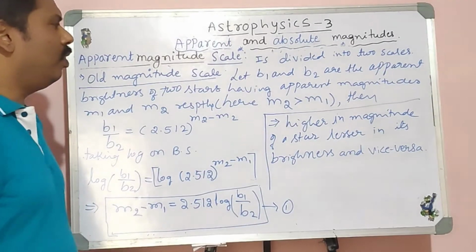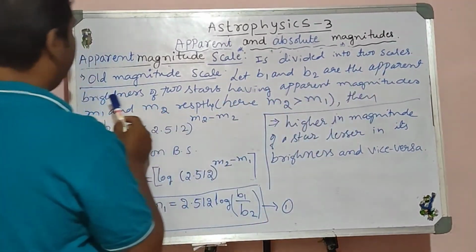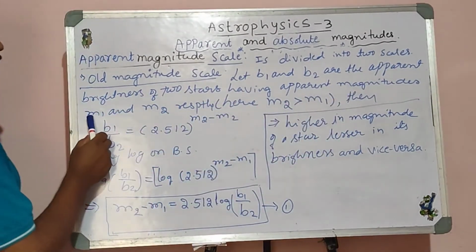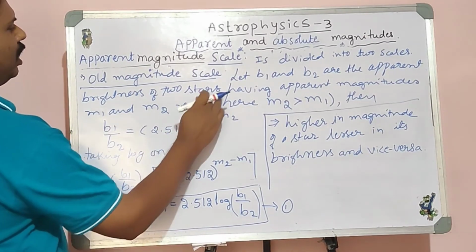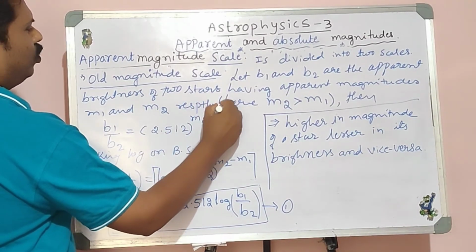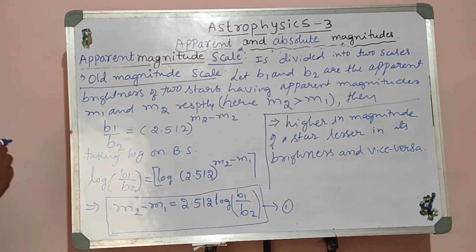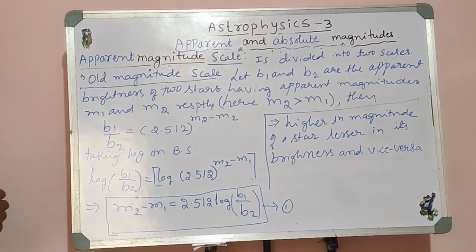Okay. Here now let us consider B1 and B2 are the apparent brightness of two stars having their apparent magnitudes M1 and M2 respectively. Here we are assuming that M2 is greater than M1, that is, the apparent magnitude of the second star is greater than the apparent magnitude of the first star.